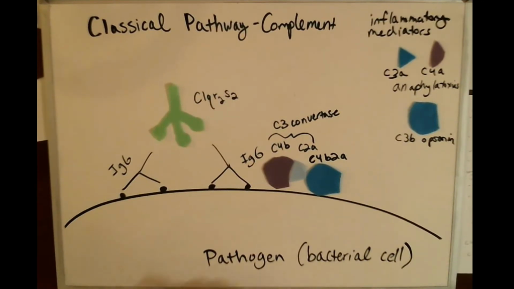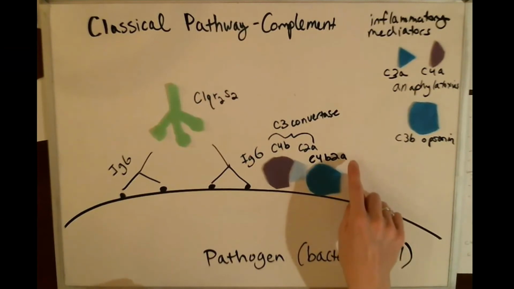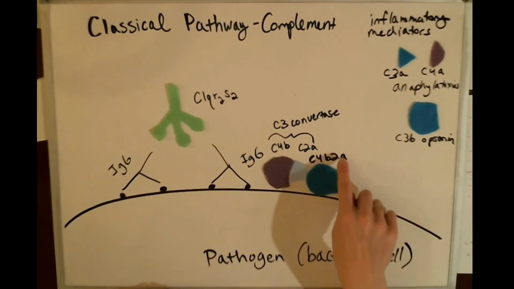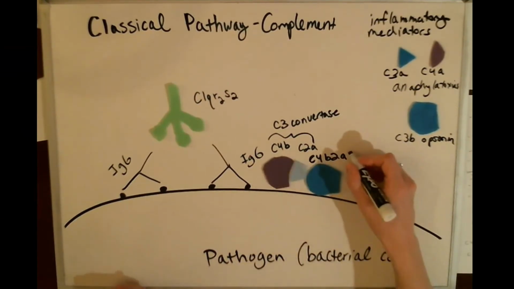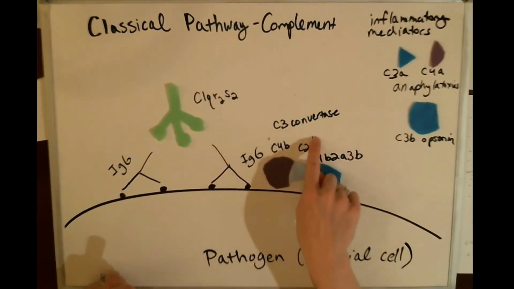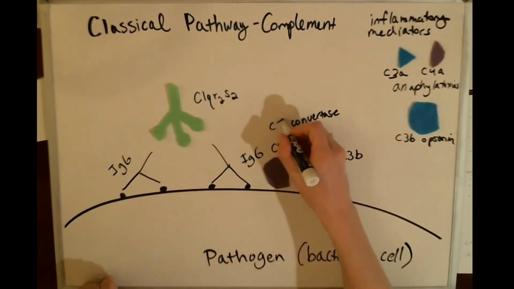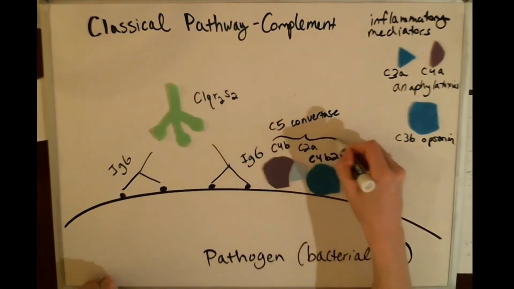So now we have a new protein called C4b2a3b. Very long name, complement pathway gets pretty confusing, but scientists have abbreviated this 3-protein complex now as C5 convertase.